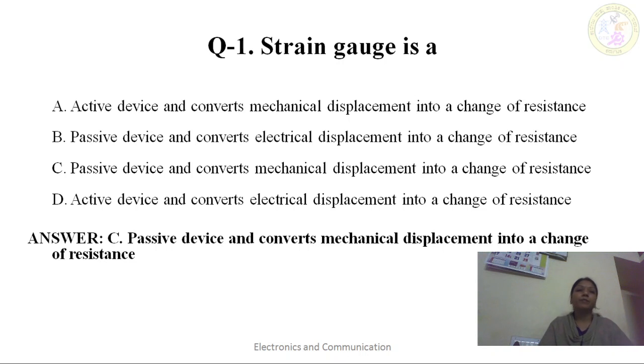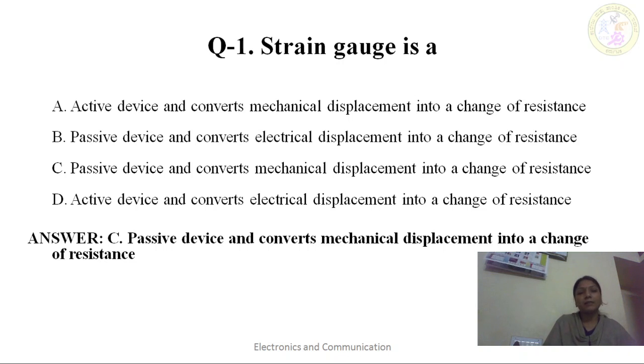So here is one MCQ question that you may get in a CET. Strain gauge is a: first option, an active device and converts mechanical displacement into a change of resistance.